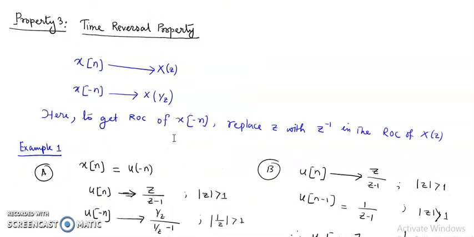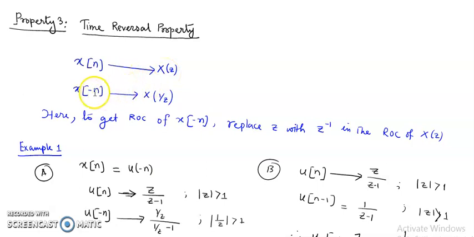So the next property of the z transform is the time reversal property, or time folding property. We know that n indicates the discrete time for the signal x[n], and its transform is X(z).